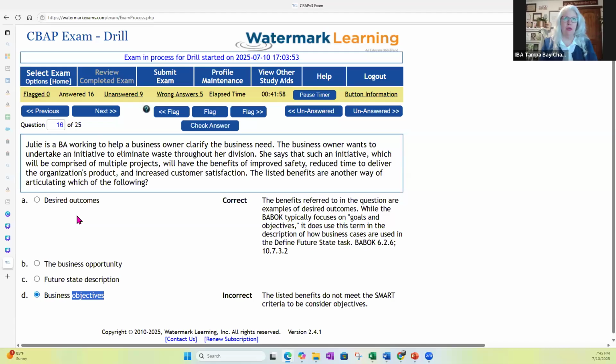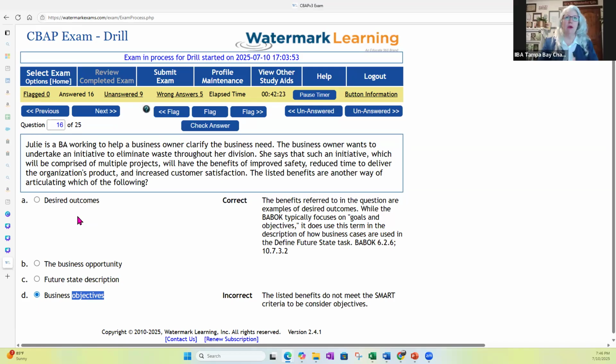No. If it said increase customer satisfaction among a specific demographic in a specific region by 12%, so that you couldn't misunderstand it in any way, it could be an objective. So I fully understand why you chose that, but it's reversed in the BABOK. So just know that.